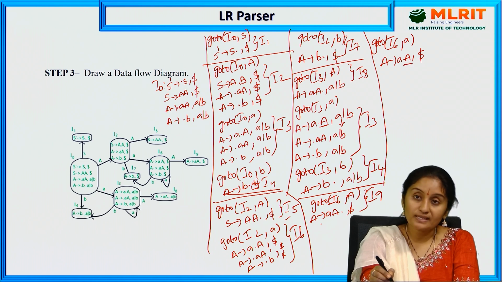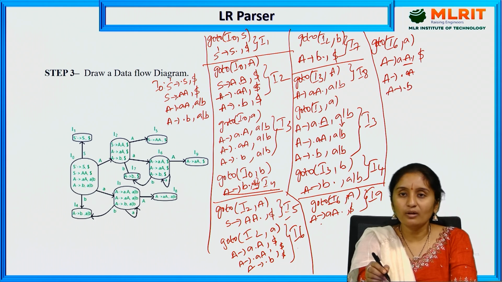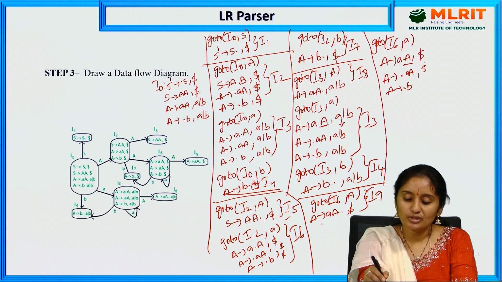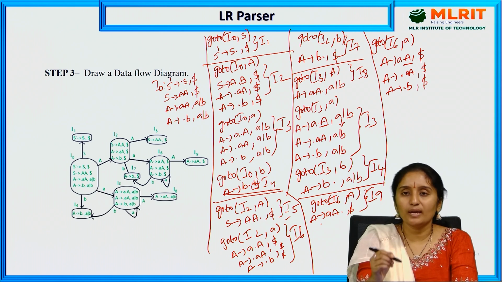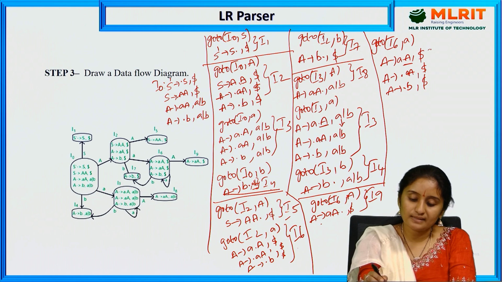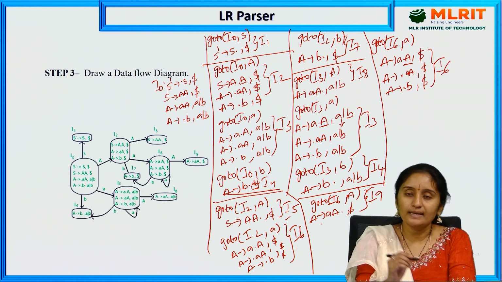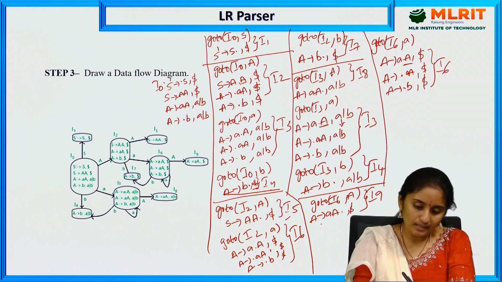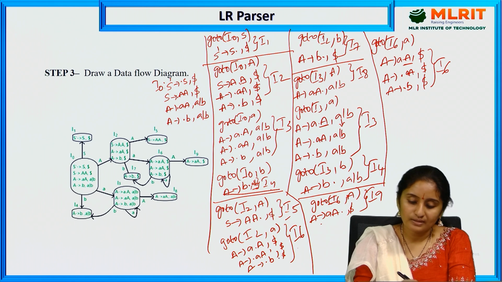After the dot there is a non-terminal, so write A tends to dot a, A tends to dot b. After the dot only one non-terminal is existing, so you just copy the same look ahead symbols. Check whether the same production is existing. Yes, it is existing, so directly write the I6 state. The productions are the same and the look aheads are also the same.